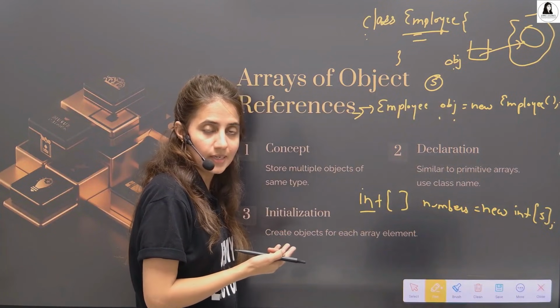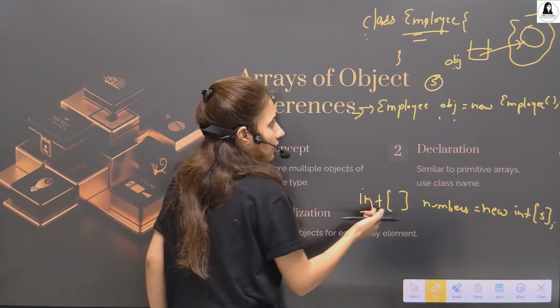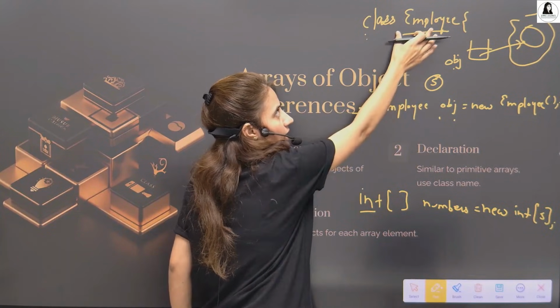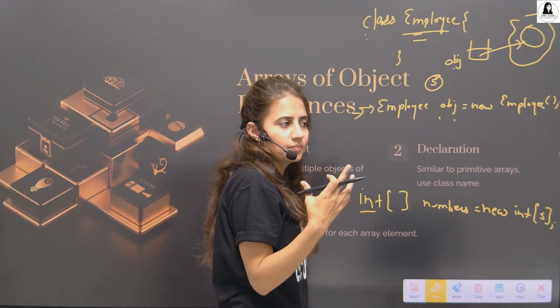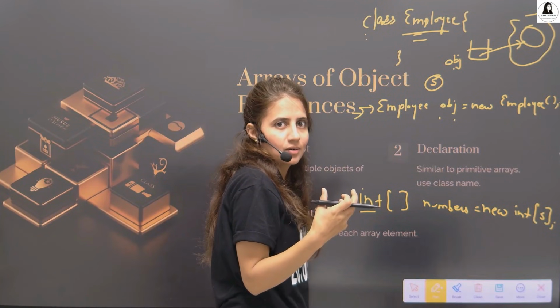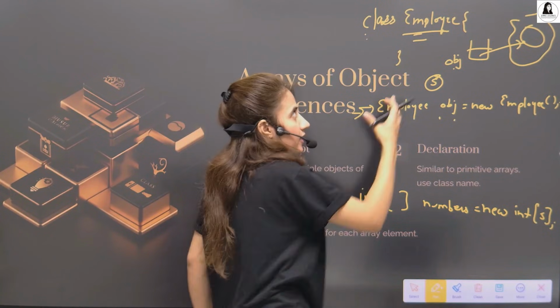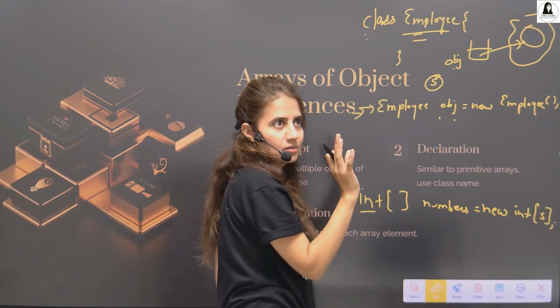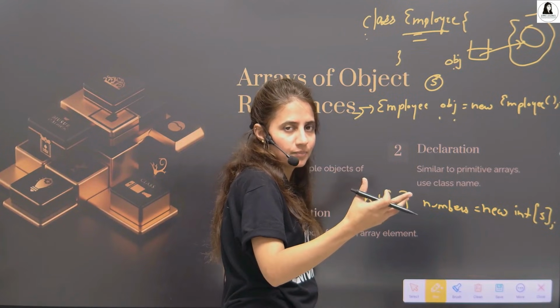This is the syntax. It's the same here, just with the class type. A class is basically a user defined data type as well. We have defined our own data type, so we can create any object of this type. So this is a kind of data type, but user defined.